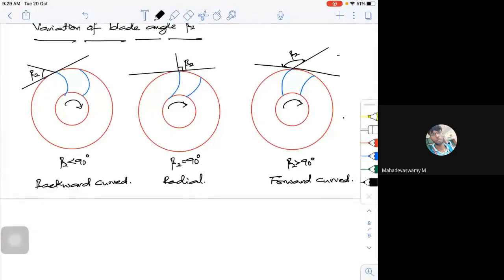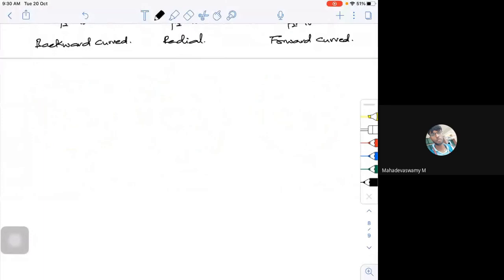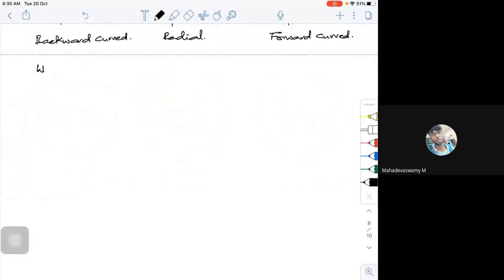So what are the work done expressions which are important here? If you try to write the work done expression from the Euler equation, what is the expression?